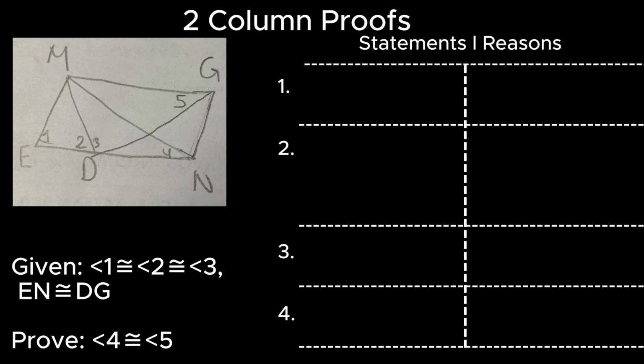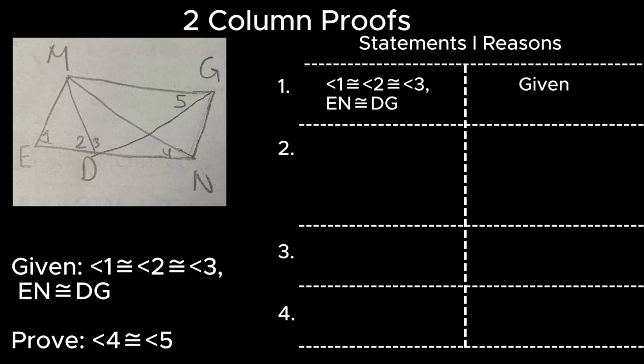Now, this problem, once again, feel free to pause the video and try to find the solution. Well, once again, we start off with our given statement. So angle 1 is congruent to angle 2, which is congruent to angle 3, and EN is congruent to DG.